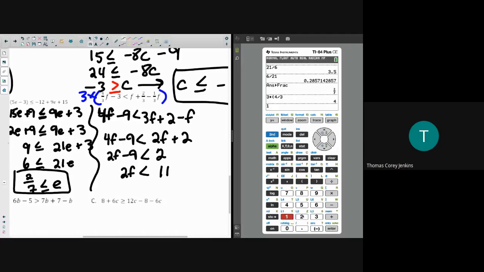So you could say f is less than 5.5. Or if you just wanted to, you could leave it as 11/2. Either way would be just fine.